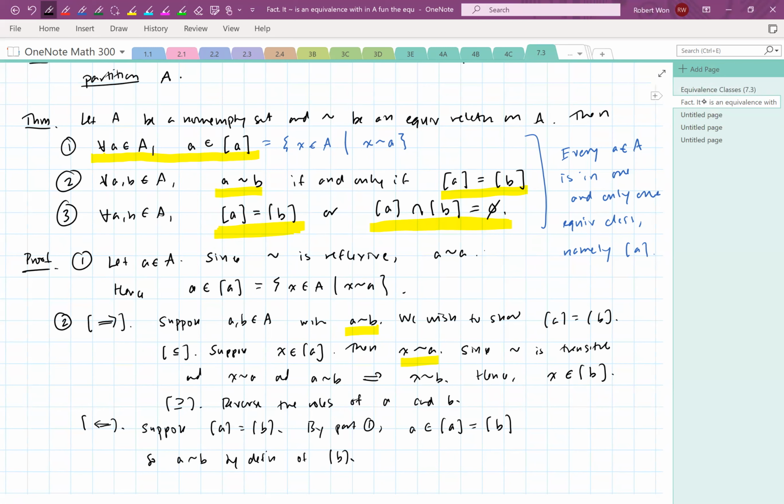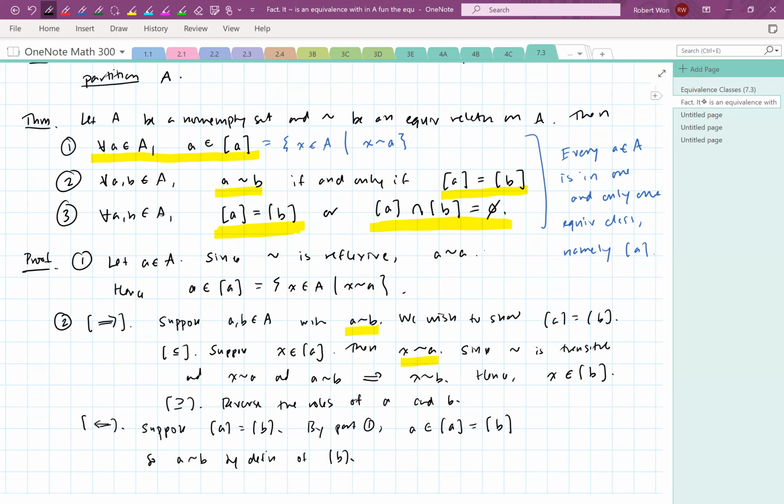Let A be a non-empty set, and let script C be a collection of subsets of A. So I have a big set A, and I've got a bunch of different subsets of A. We say that C is a partition of A if the following three things hold.